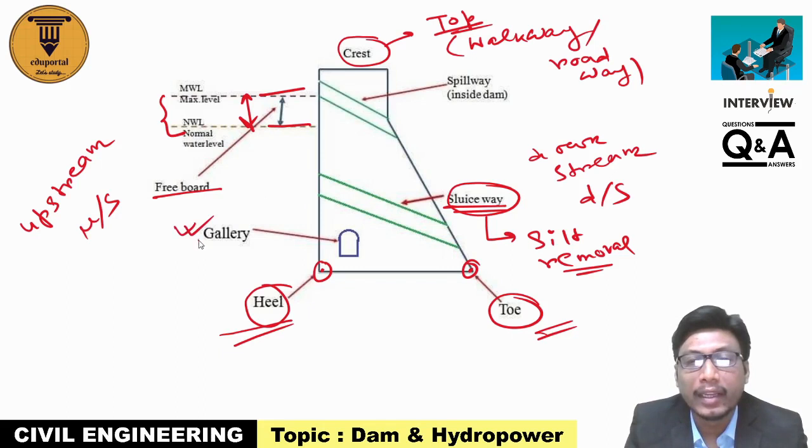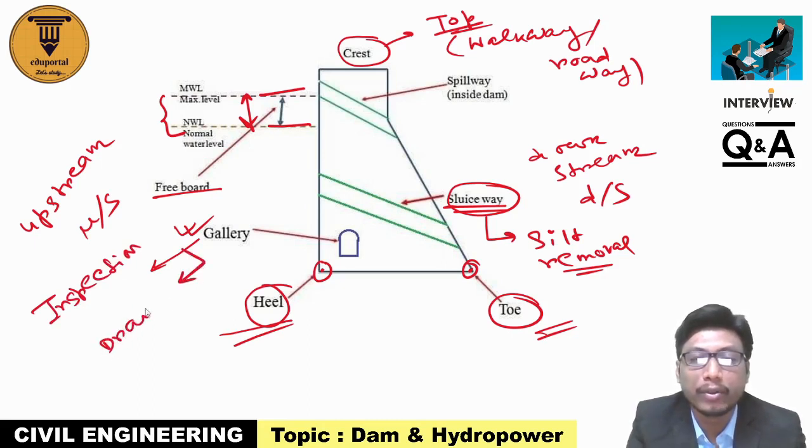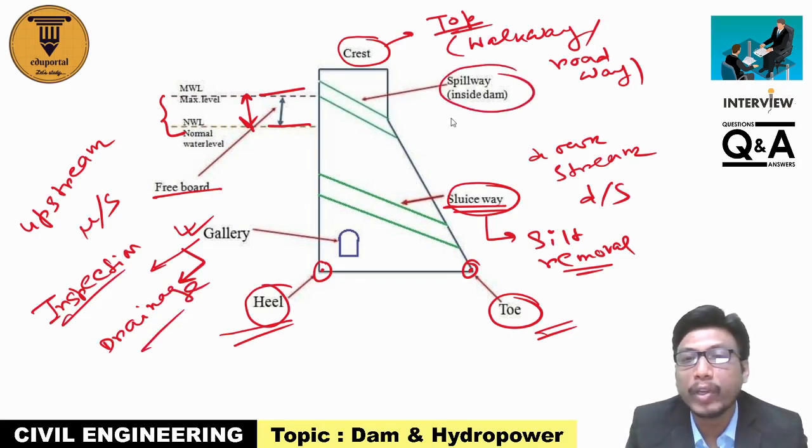Used for the purpose of inspection, that is called inspection gallery, or used for the purpose of drainage, that is called drainage gallery. Okay, so it's a long narrow pathway through the dam used for inspection or drainage. Okay, and then there is a spillway.